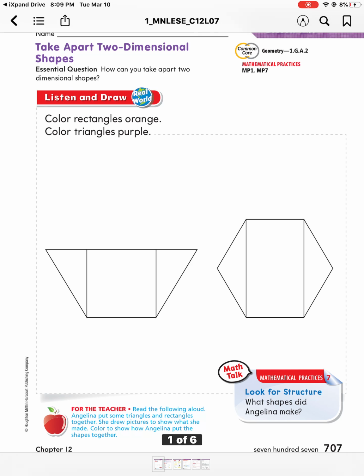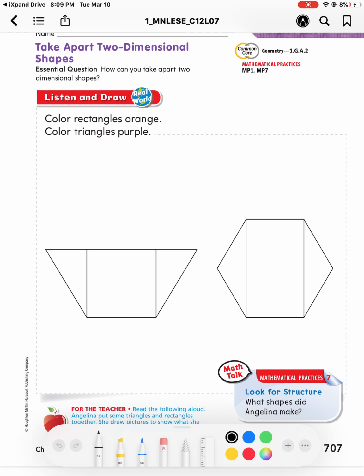Now, I need you to identify or to determine which shapes are triangles. As you remember, we said before that triangles, tri means three. So if I'm searching for a triangle, it should be like this.